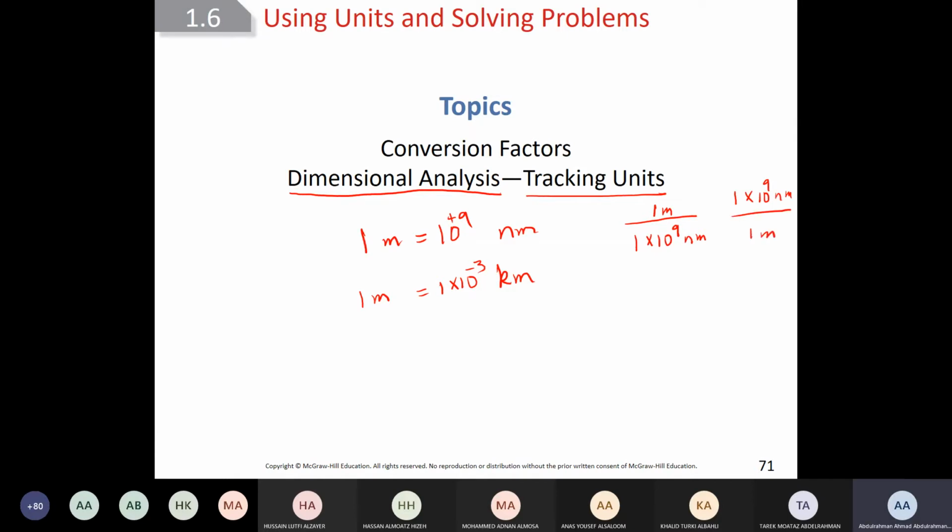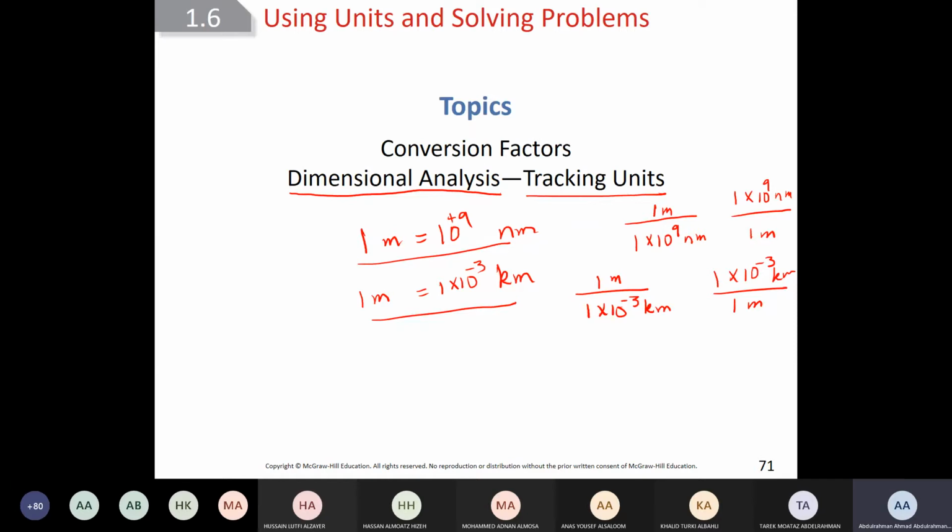Also, I can write 1 meter divided by 1 times 10 to the power minus 3 kilometer, or 1 times 10 to the power minus 3 kilometer over 1 meter. Why? If they are equal, I can make them not as equal, but as a fraction. Can you see that?